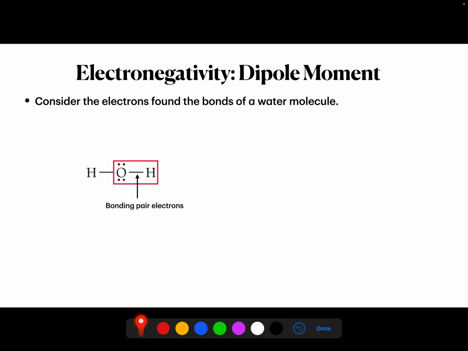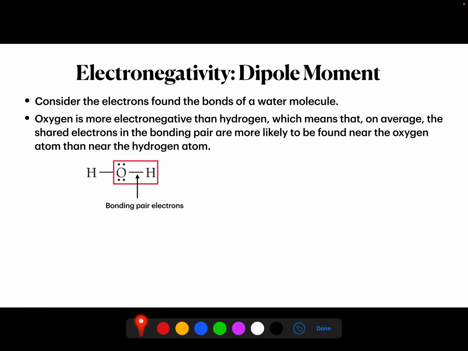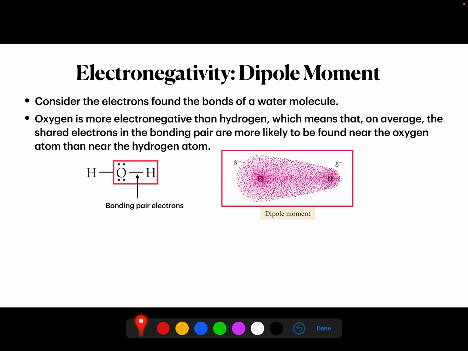With the oxygen being more electronegative than the hydrogen, on average the shared electrons in that bonding pair are more likely to be found towards the oxygen. And so that leads to something that we call a dipole moment.